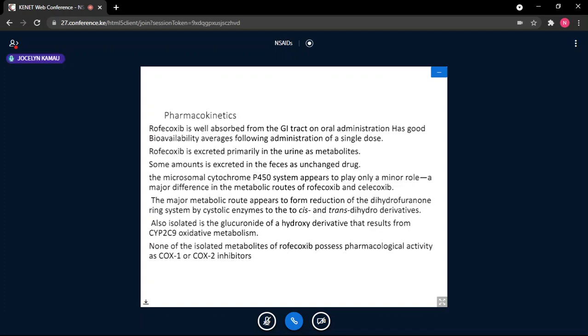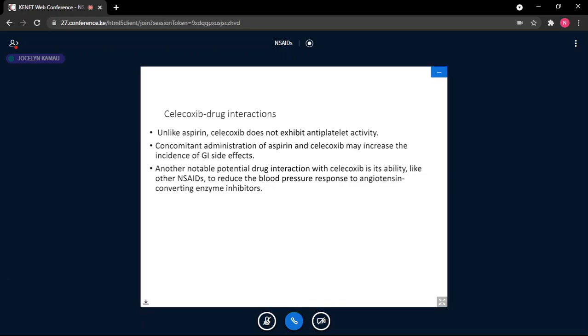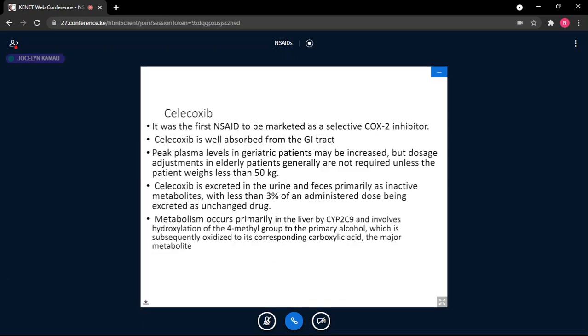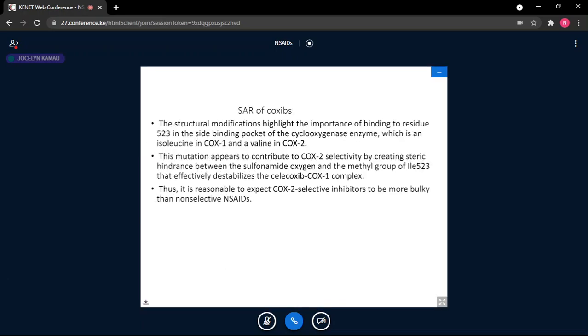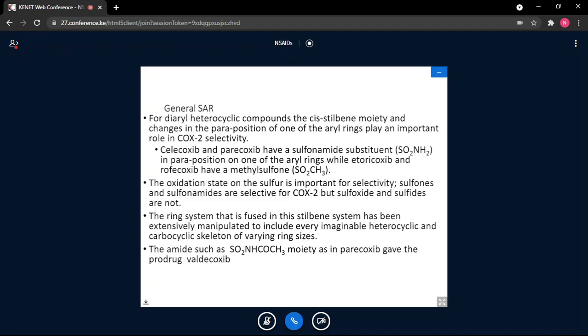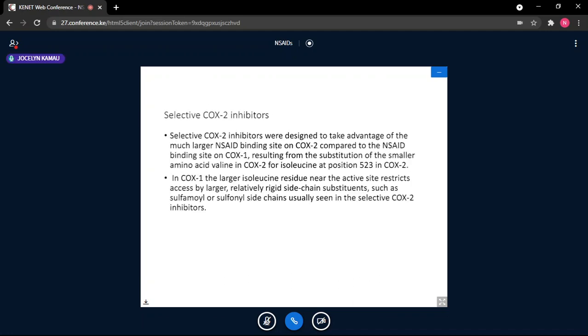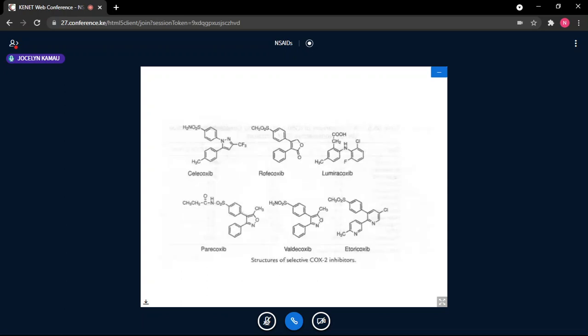When you talk about cis-stilbene, look at rofecoxib. In rofecoxib, the cis-stilbene is where you have that phenyl ring and that phenyl ring, and then they are joined like this.